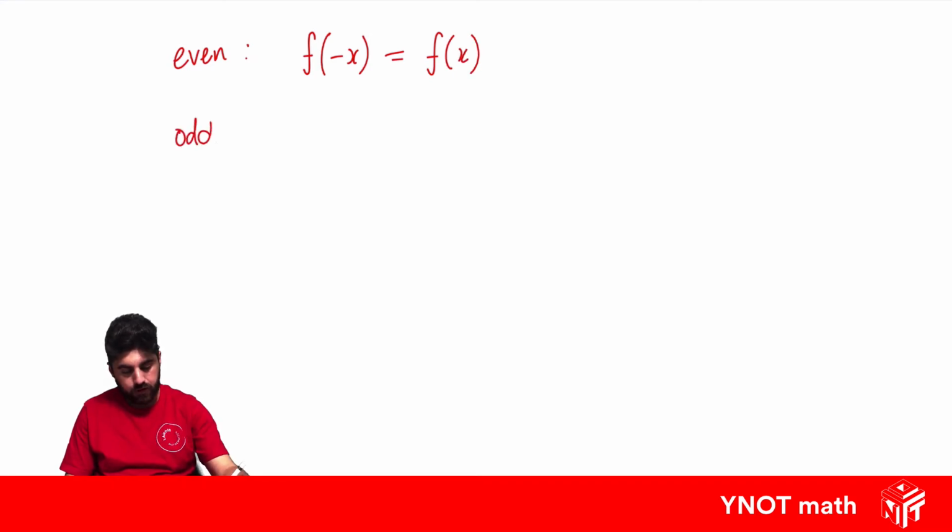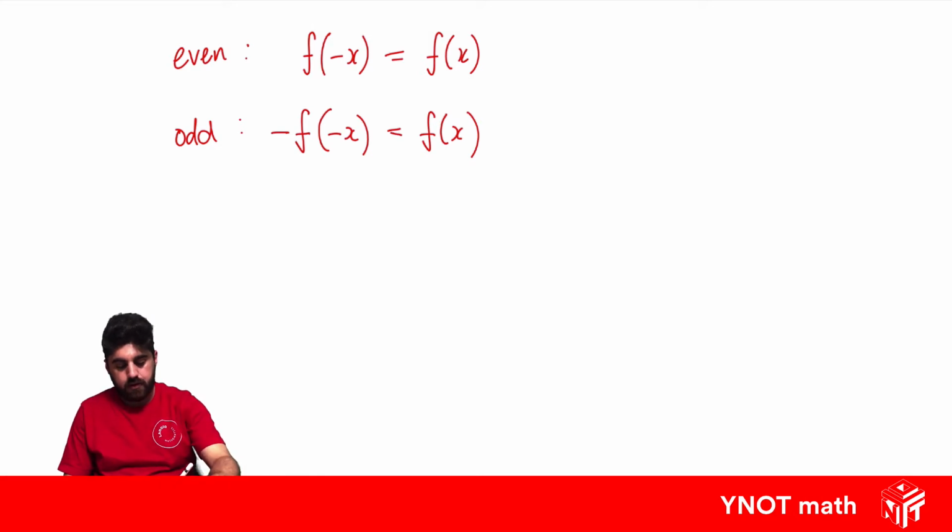And for an odd function, it will follow the rule that minus f of minus x will equal f of x. Now you might see the rule for the odd function that looks like f of minus x equals minus f of x.